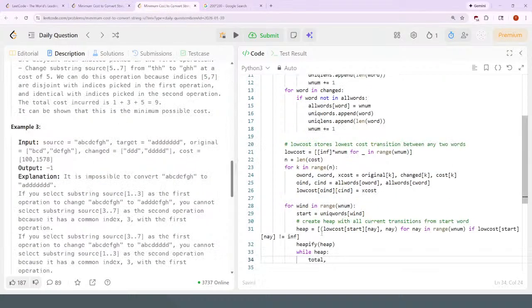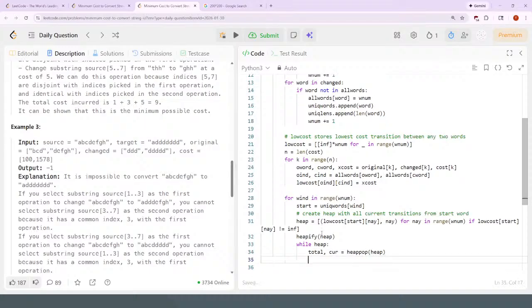Total cost of the path, current word index, heap pop, heap. Take current path cost and current word index from top of heap.